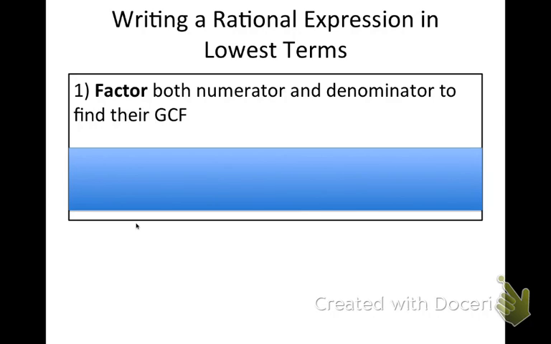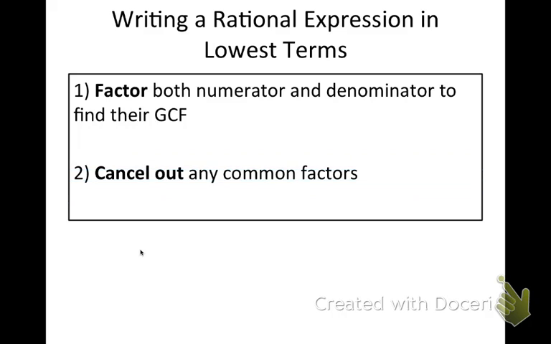Now when I say to find their GCF, we're looking for the GCF of both the numerator and the denominator. You might need to find the GCF of the numerator to actually factor it, but we're going to try to look for the greatest common factors of both the numerator and the denominator. And then step 2 will be to cancel out any common factors.